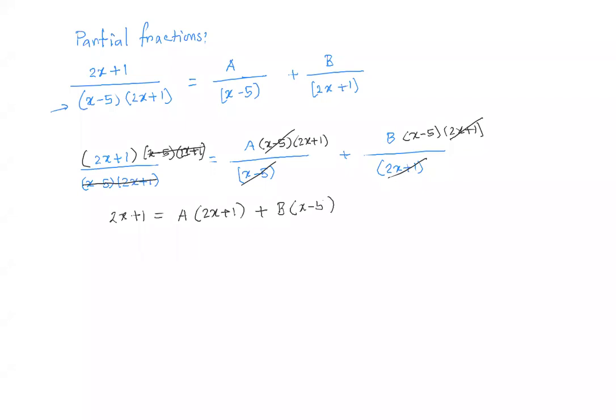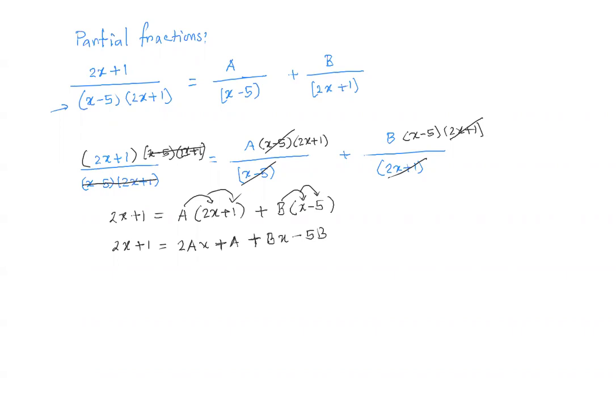Now we are just going to simplify. So 2x + 1 is equal to, using the distributive property, 2a times x plus a times 1, which is just a, plus b times x is bx, b times negative 5 is negative 5b.